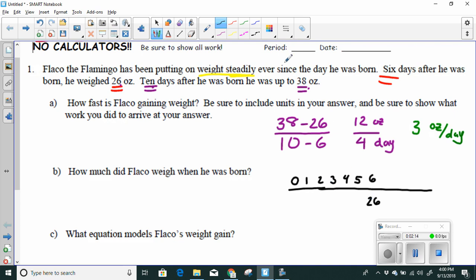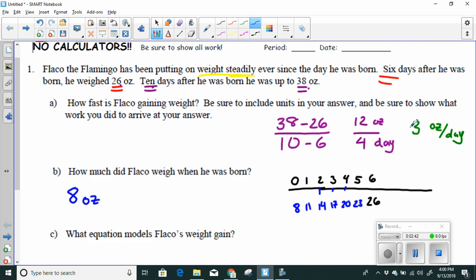So we could just count back. Day 5 would be 23 ounces. Day 4 would be 20 ounces. Day 3, going back 3 again, would be 17 ounces. Day 2 would be 14 ounces. Day 1 would be 11 ounces. And day 0 would be 8 ounces. So that's one way to arrive at this answer, 8 ounces.